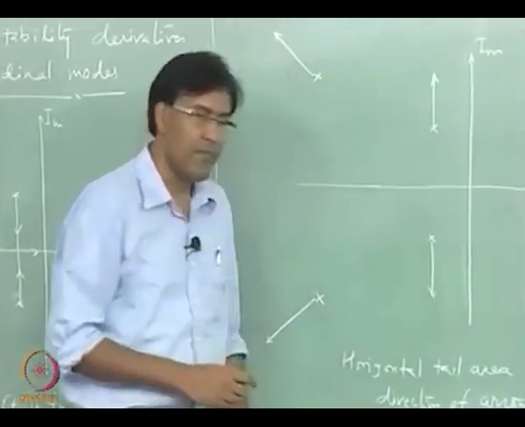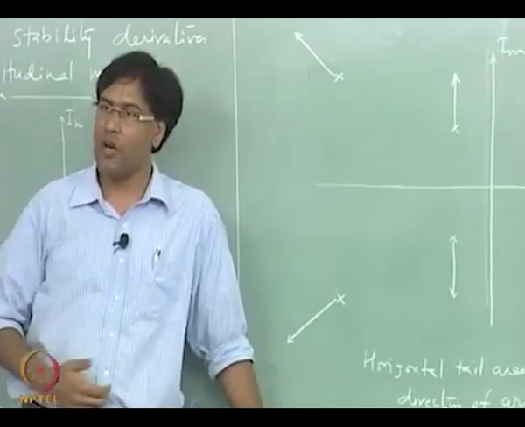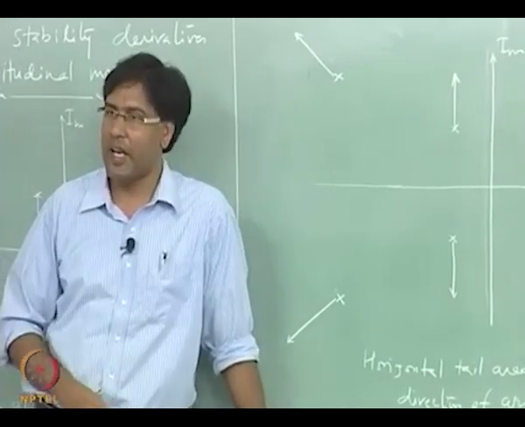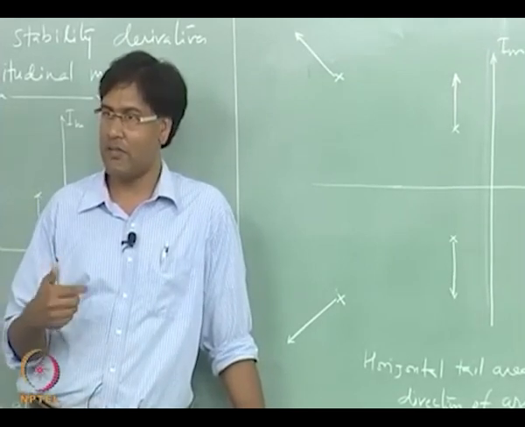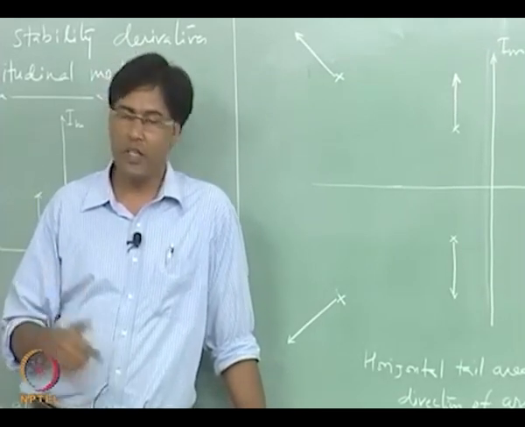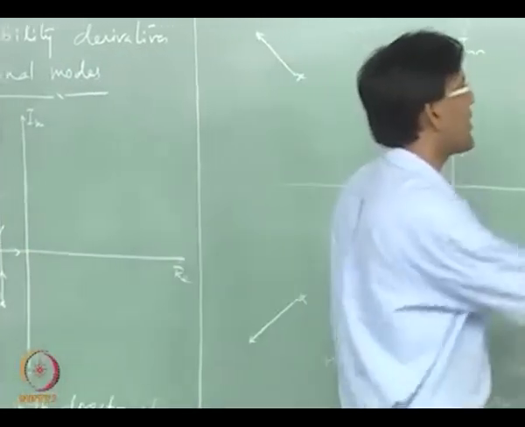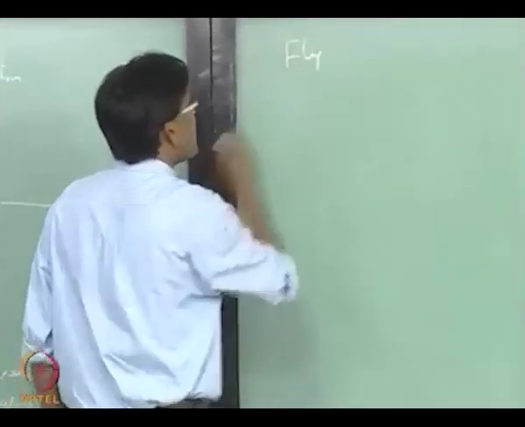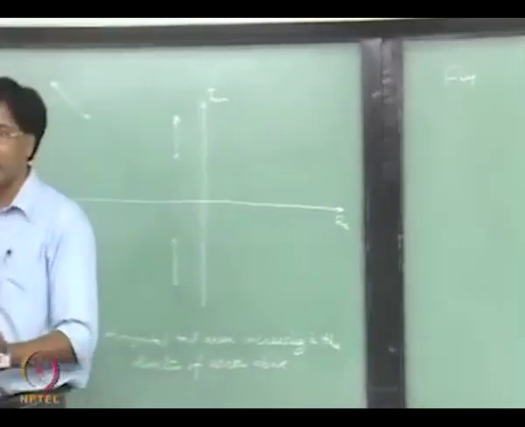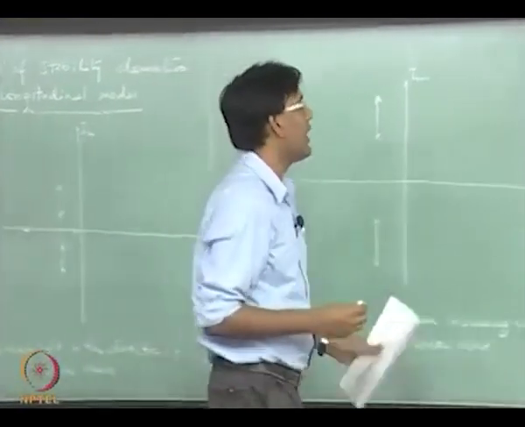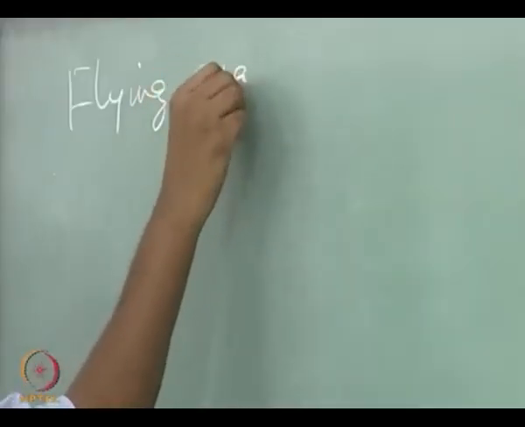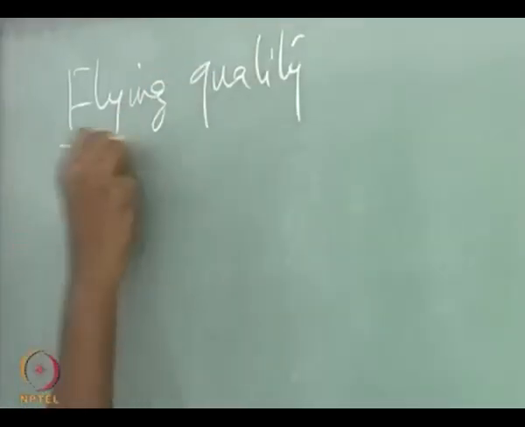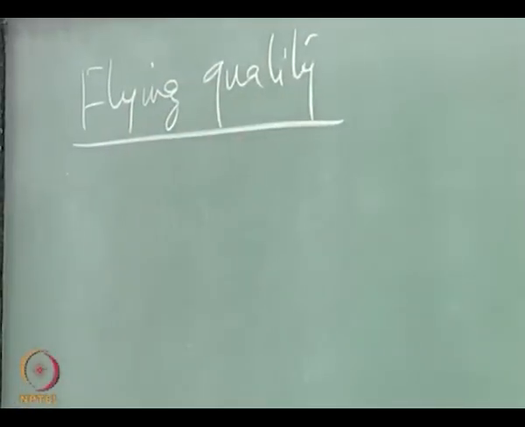Phugoid is a long period motion. Even though a pilot can control it, it can become really tiring for the pilot, right. So there we actually start talking about pilot comfort with the aircraft, and that is related to the flying quality of the aircraft, okay, flying or handling.